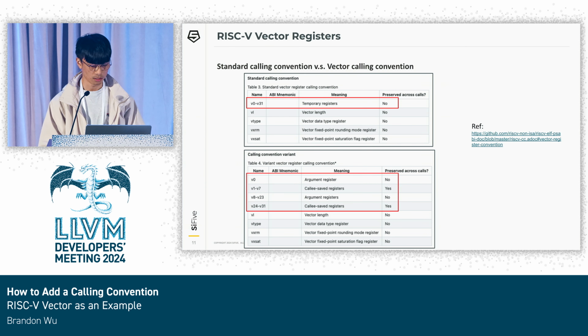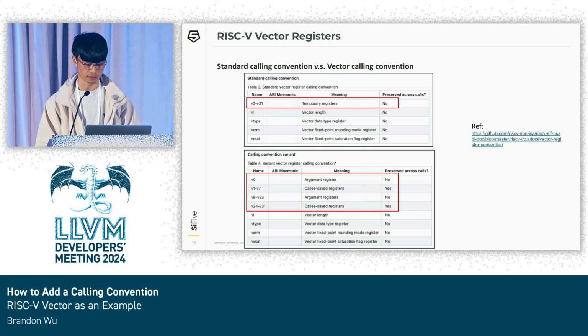Okay, so the image illustrates the difference of vector register arrangement for standard calling convention and vector calling convention. The reason we need another calling convention other than the standard calling convention for vector is that in some applications or libraries, they don't really use vector registers heavily.